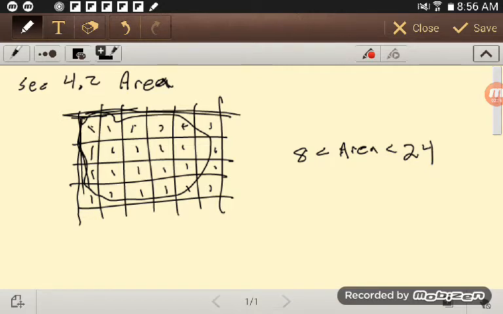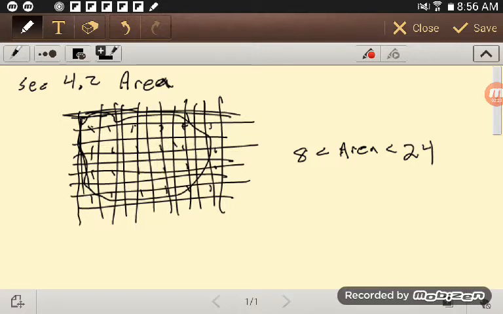Now, I can make that better by making smaller grids and counting up the same way, right? I can get smaller pieces, and so I'll have more whole ones inside there.